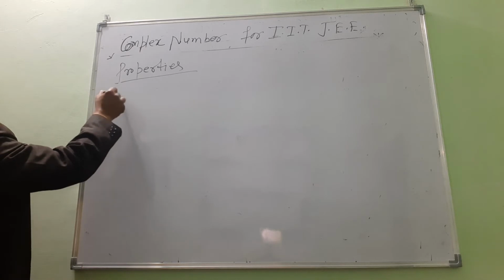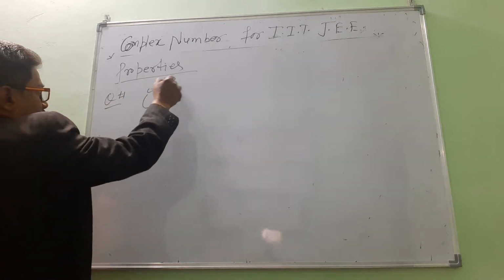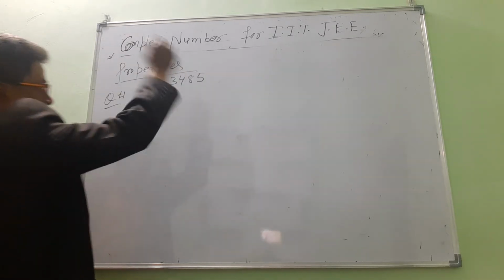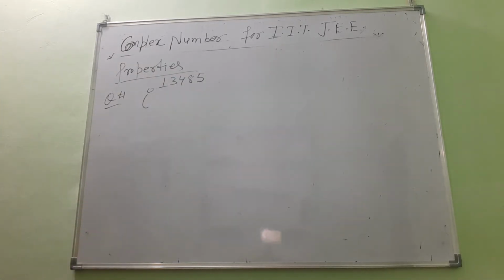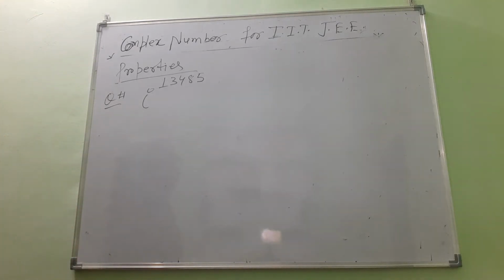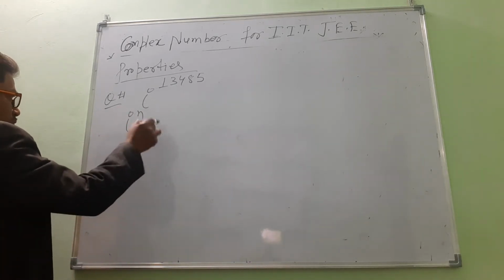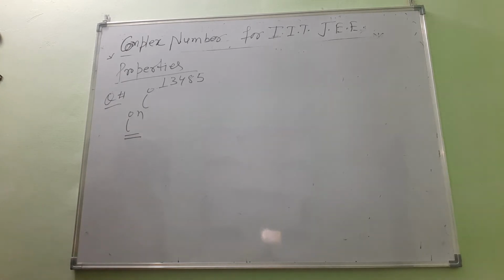Suppose we have to obtain the value of iota to the power 13485. How will we get the value of this one?